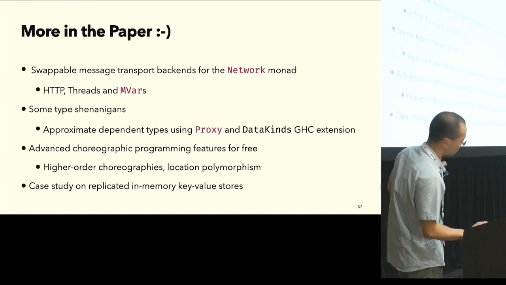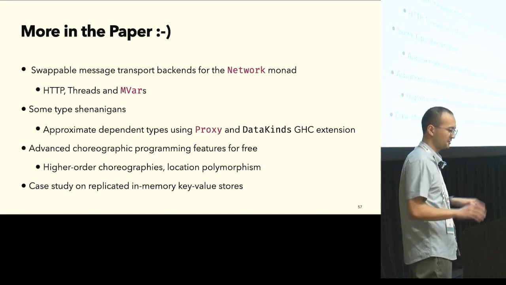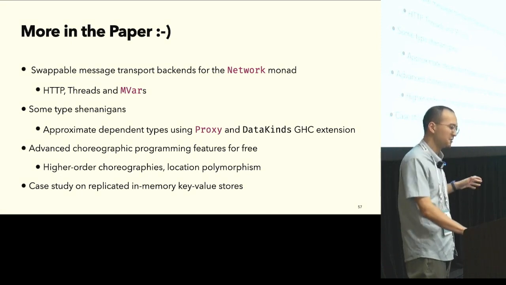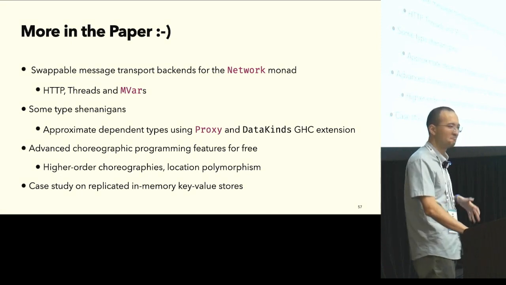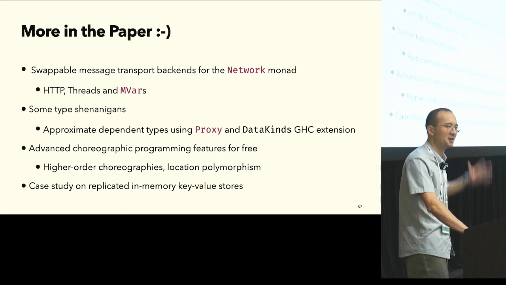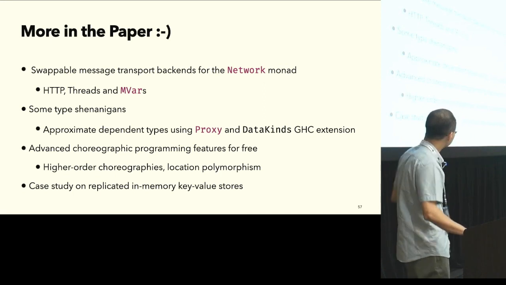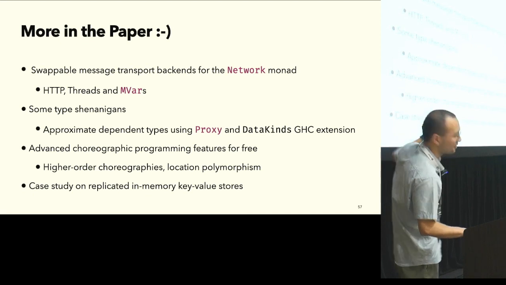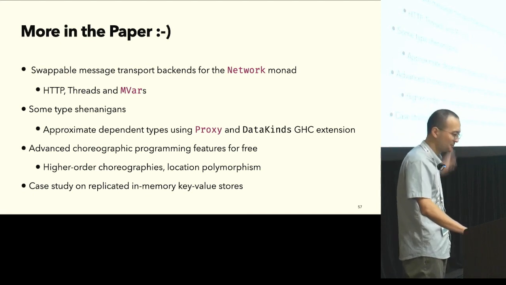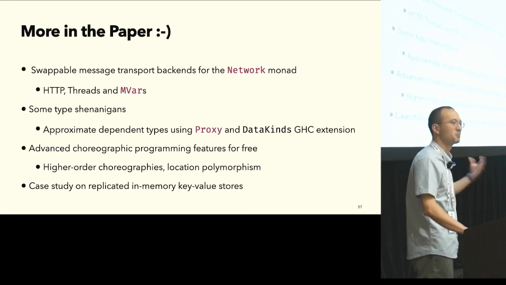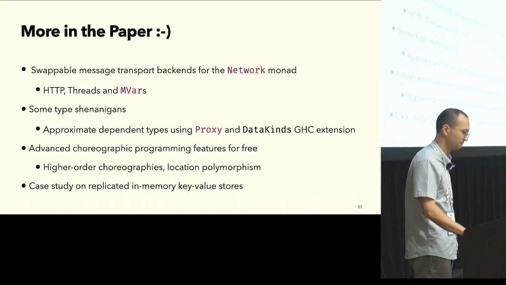Second, the types of the operators I showed you in this slide actually use dependent types. And as we all know, Haskell is not a fully dependently typed language. So in the paper, to actually implement these, we have to use some type shenanigans to approximate dependent types.